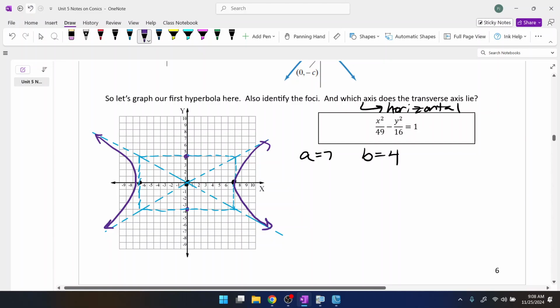So what I want you to do real quick is figure out the c value, and c squared is going to equal a squared plus b squared. One of the many reasons I make this a take-home test is because finding the coordinates of the foci is going to be a little bit more tricky than normal.